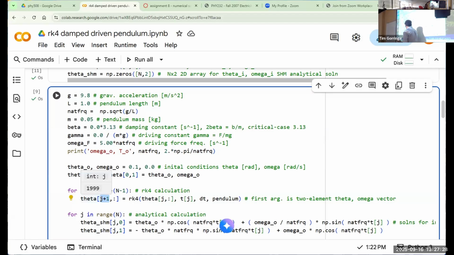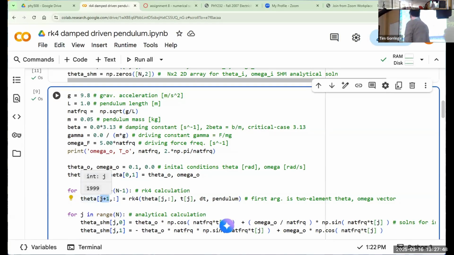The second argument, after the comma, refers to the two elements, the pair of elements, theta and omega. This slicing with just a colon says slice both elements out.